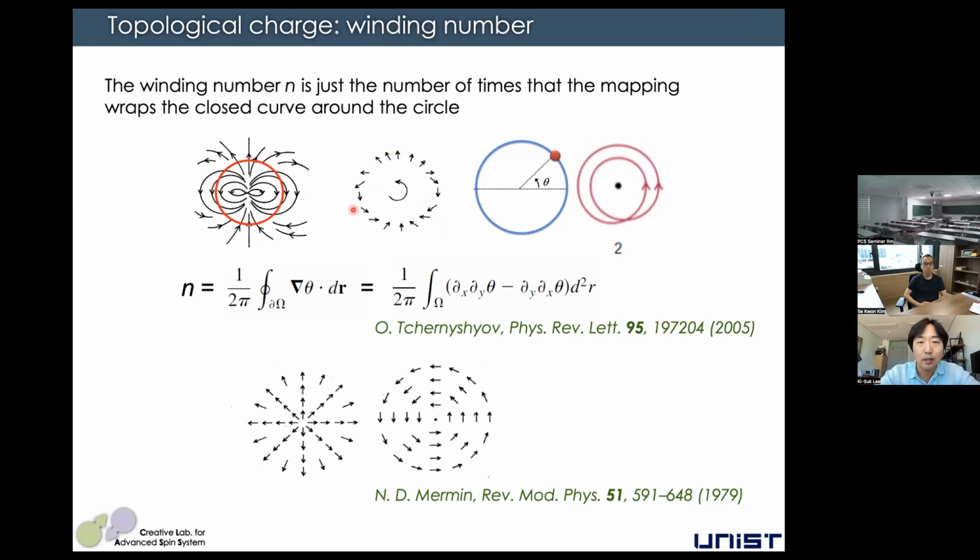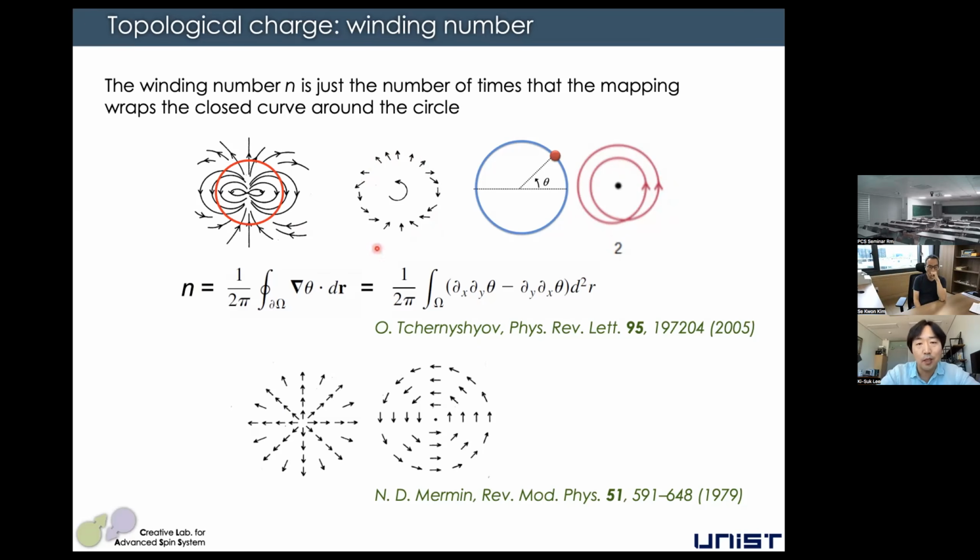And then you can map the orientation of spins onto the order parameter space and integrate these functions. Then you can define the topological charge, the winding number. For this case, if you follow this closed loop, you obtain a winding number of 2.